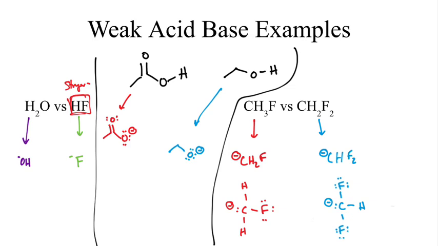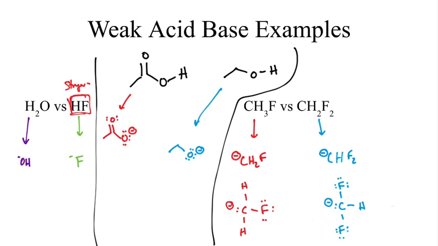CH3F, CH2F2. Okay? Here we've got formulas. Formulas can be more challenging. This is why you're responsible for drawing out those structures. That's also why I deleted most of the options, is because I had a bunch of formulas and it's easier to deal with structures. So if we look at our structures, negative CH2F. Again, that's not a structure, so we can draw out a Lewis structure for it. Okay? So we've got that. For the other one, we've got that one.